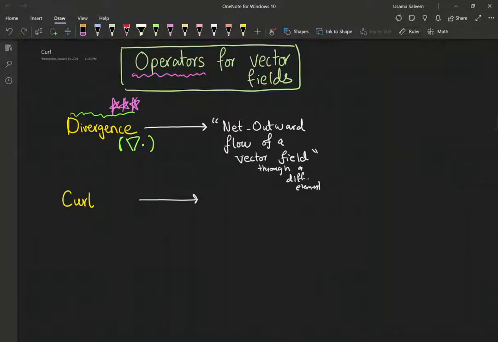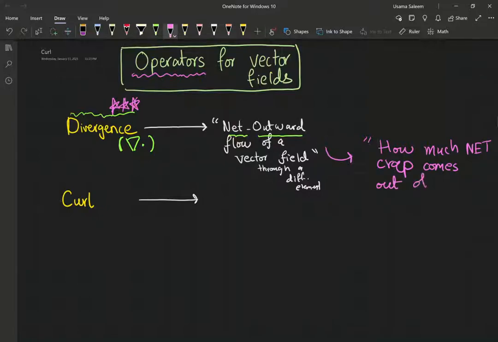We translated it as the net outwards flow of a vector field, or, to be very informal, how much net crap comes out of a small element of volume.